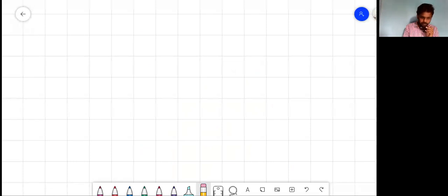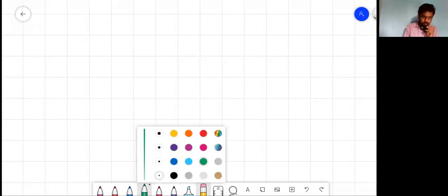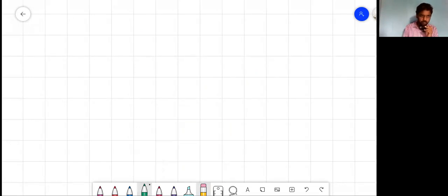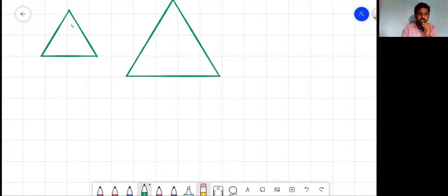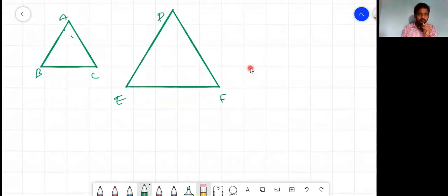So if I'm having two triangles like this, with the angles ABC and DEF, right?